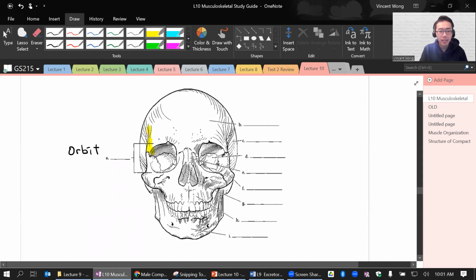Up here, we have the frontal bone. Don't forget to color it into the skull as well, because it forms the top portion of your eye socket. Frontal bone.